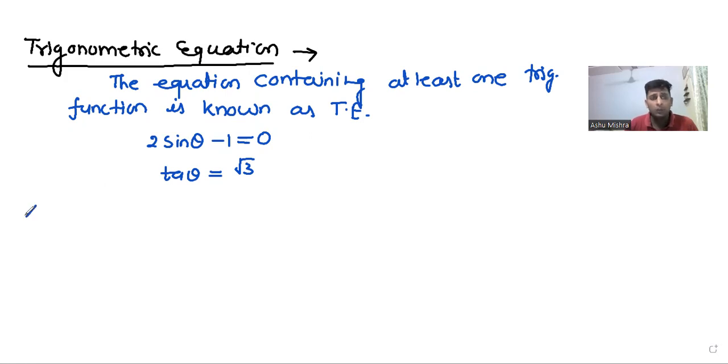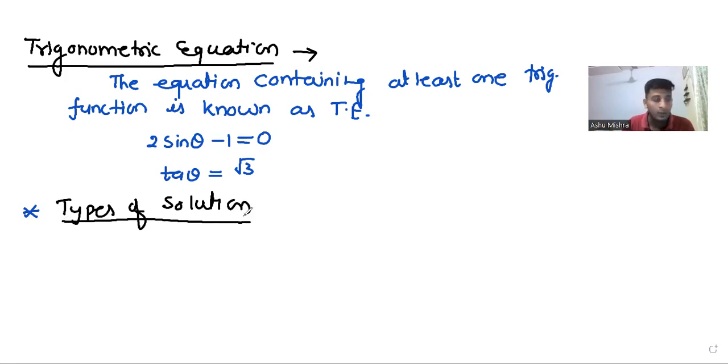Now, in trigonometric equation, remember the types of solution. If I'm talking about types of solution, then basically there are three types. The first one is your particular solution.